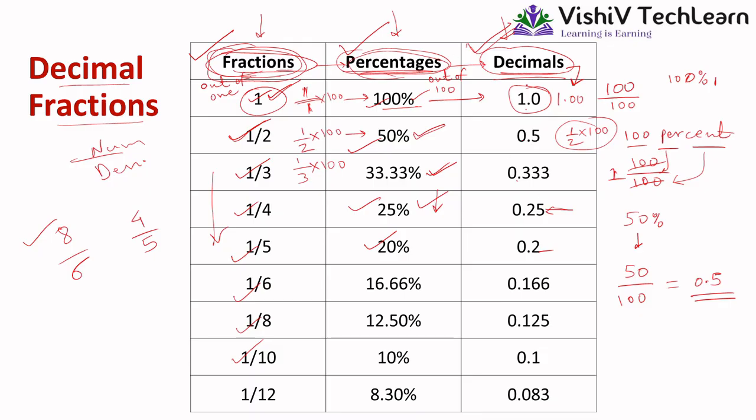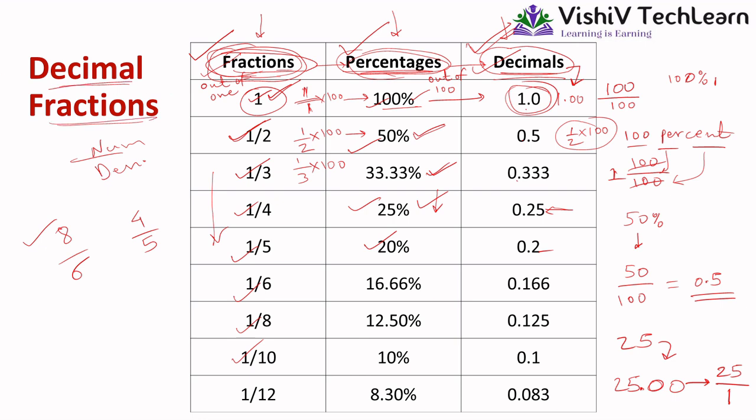Even if we have a round number, for example 25, it can still be represented in decimal form as 25.0 or 25.00, and in fraction form as 25 by 1. Correct? So this is how the concepts of decimal and fraction are.